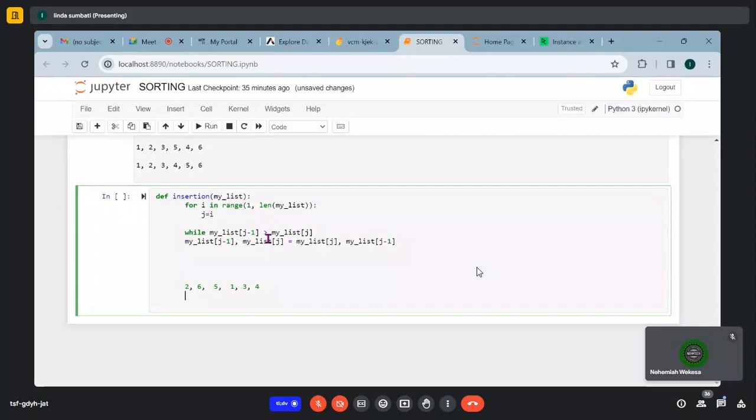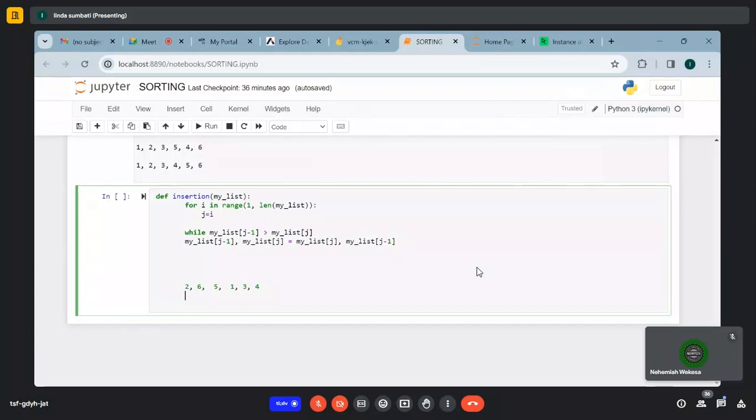For every element in the range of my list, starting from index 1, that is number 6. If you removed that 1, it will just count the whole thing, starting from index 0 to the end of the list.